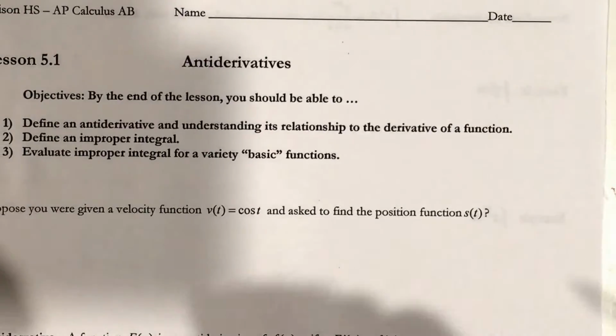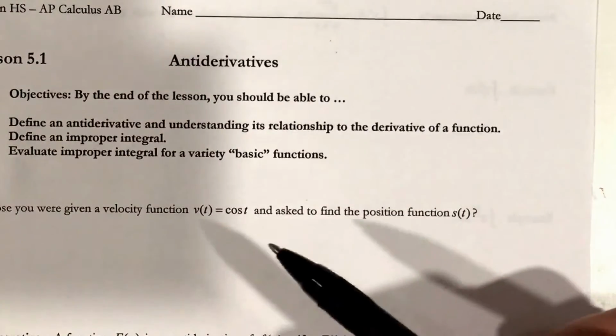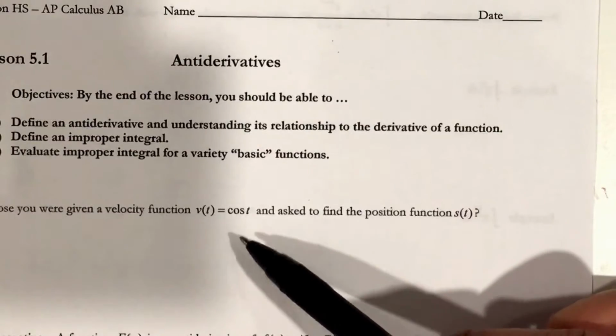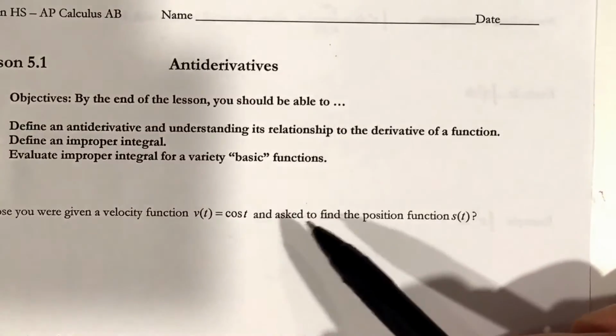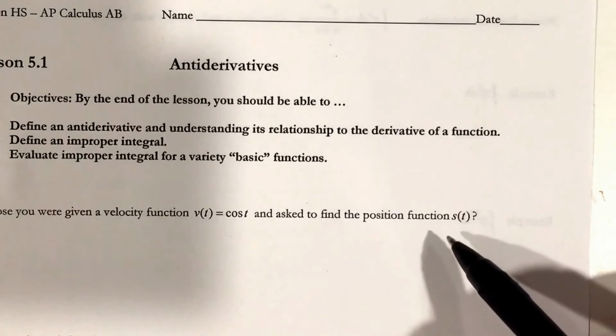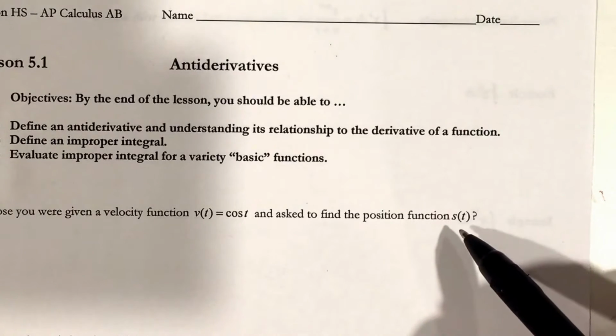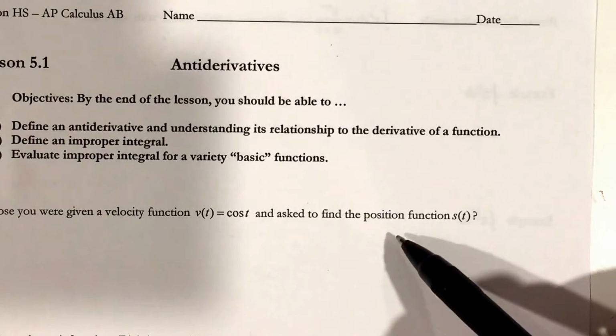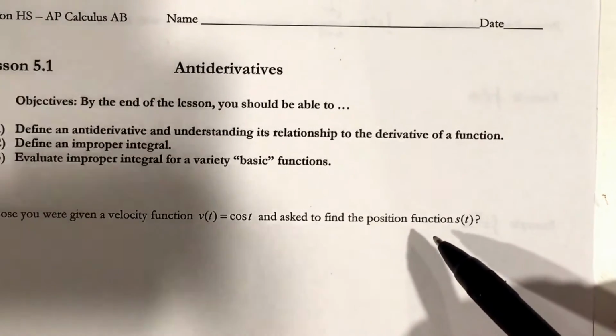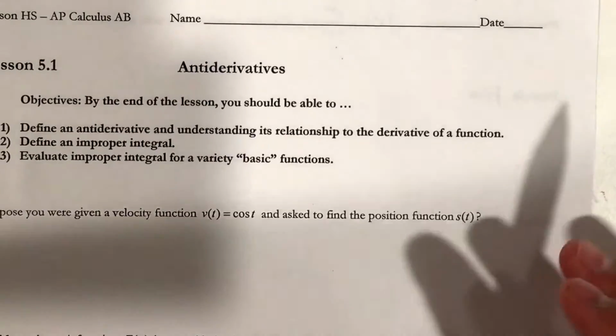Now, if you have the velocity function, then that means that you have the derivative because velocity is derivative, right? And position function is kind of like the original function, or think of it as the antiderivative because original function is antiderivative.